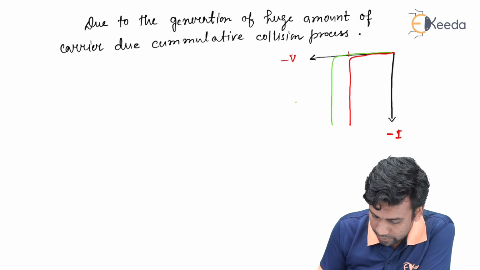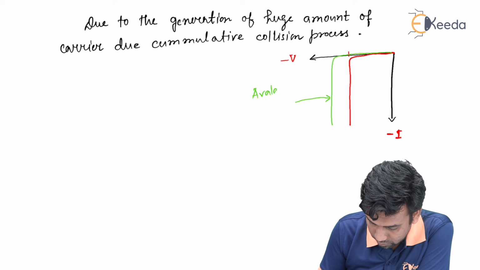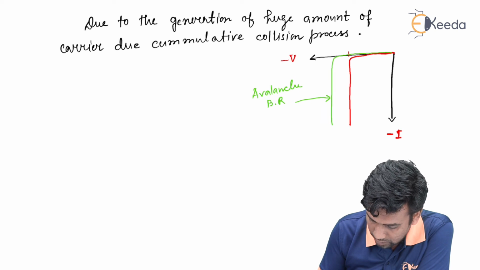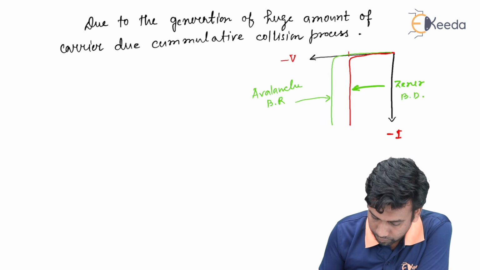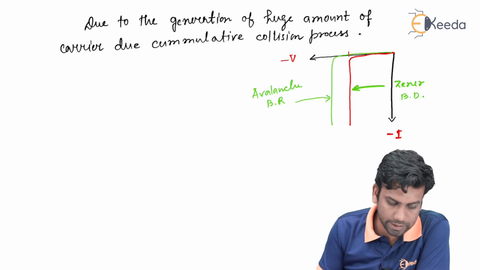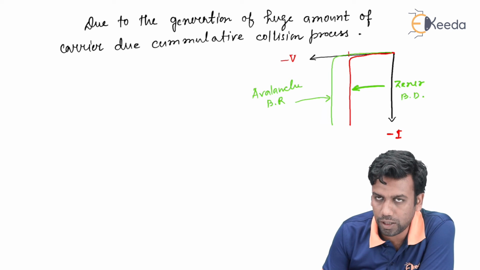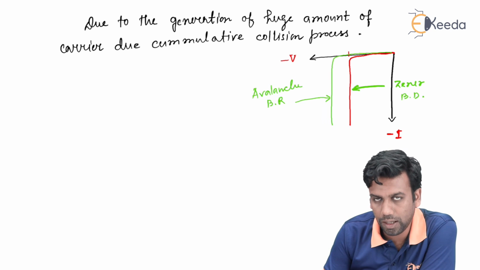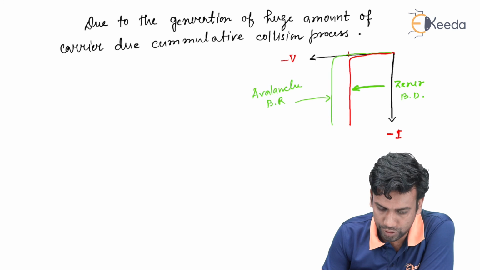We can say this is due to the avalanche breakdown, and this one is due to Zener breakdown. So, we can say that Zener breakdown occurs at smaller potential, but the avalanche breakdown occurs at higher reverse bias potential.